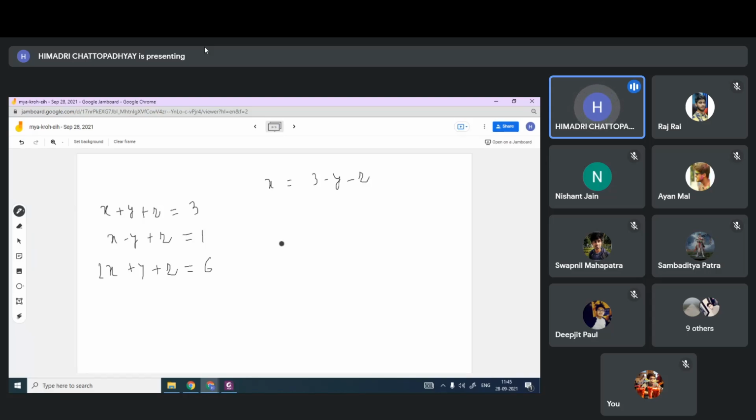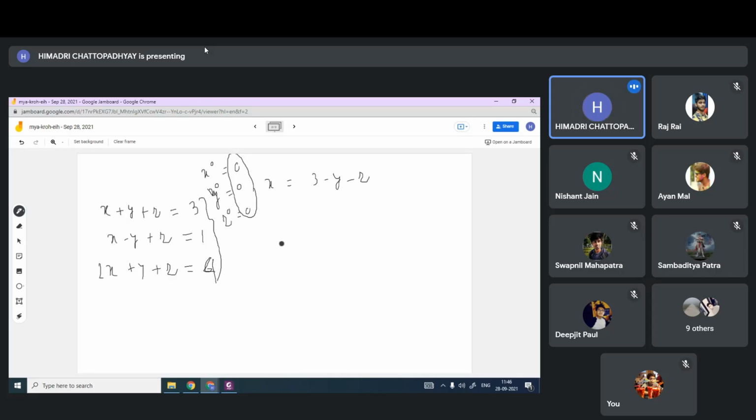Let's start from a guess value: x0 is 0, y0 is 0, z0 is 0. I assume all values are initially 0. Actually, what is the solution? The solution is 1, 1, 2: 1 plus 1 plus 2 is 4, so this should be 4.